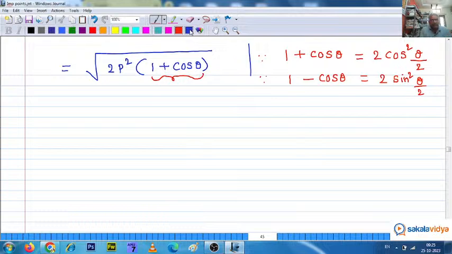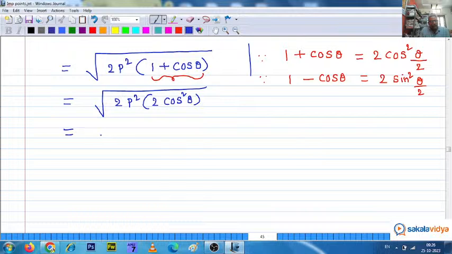Now we get the square root of 2p square and 2 times cos square theta by 2. The square root of 2p square into 2 is 4p square cos square theta by 2.